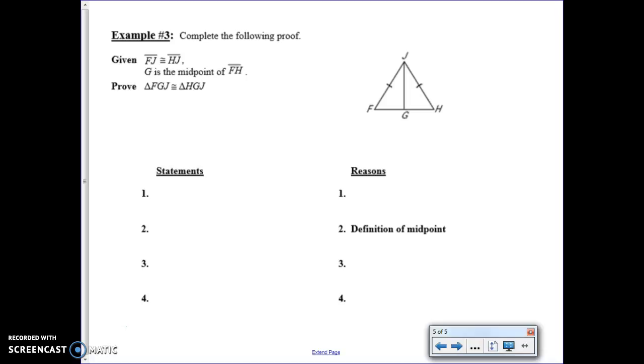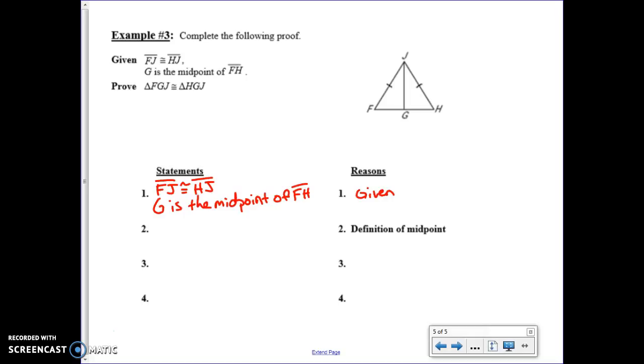So let's start off by putting those given statements where they go. So FJ is congruent to HJ, and G is the midpoint of FH. Our reason there is that it's given statements.